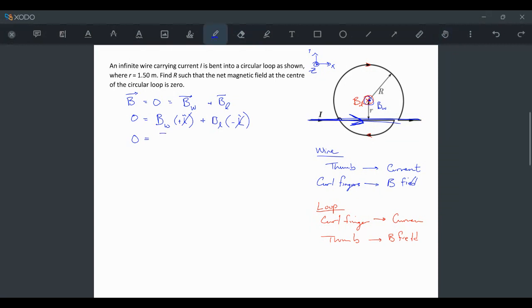Specifically for a wire, this is equal to mu naught. This is the magnetic analog of epsilon naught that we learned about when talking about electrostatics. So mu naught times the current divided by 2 pi times the perpendicular distance from the wire to the point of interest. In this case, that is r, lowercase r.